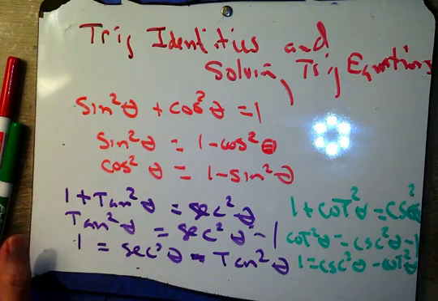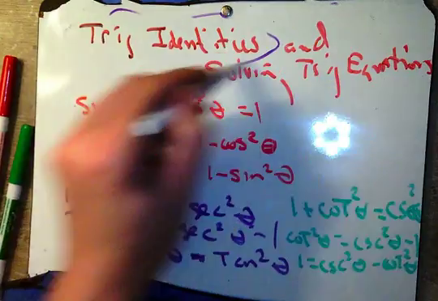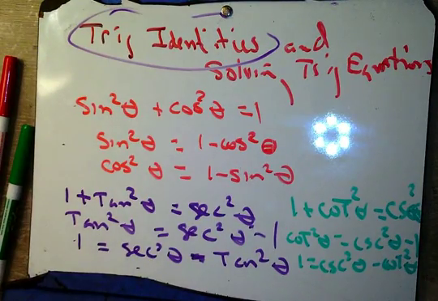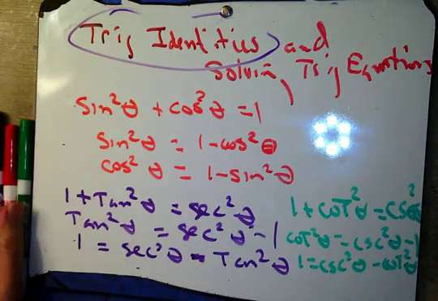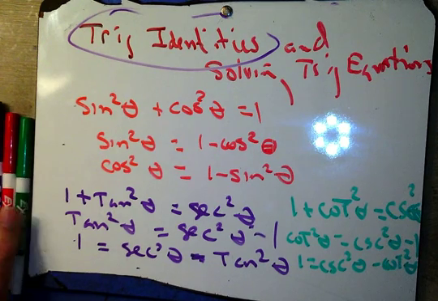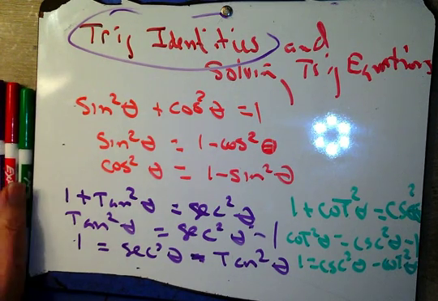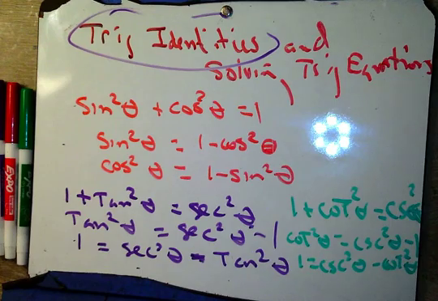In this first part of the unit, we're working with trig identities, and we're going to be verifying and proving certain identities are so. And in the second half of this unit, we're going to be working on solving trig equations.